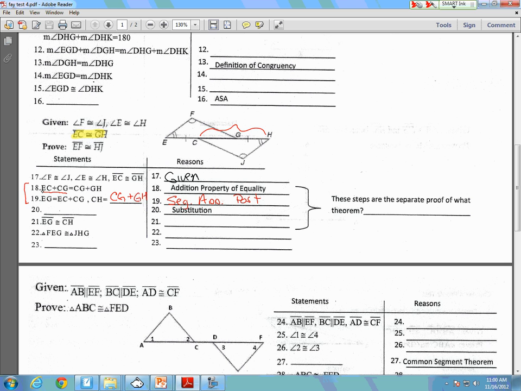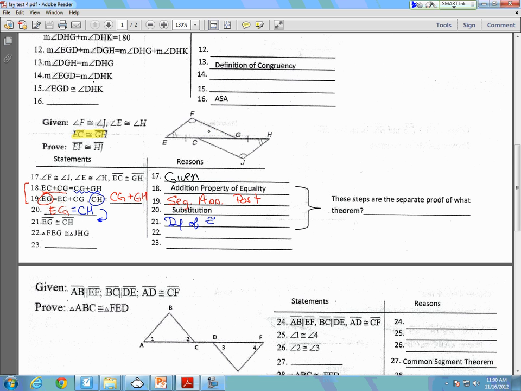Another name for EC plus CG, right here, is EG now. So I write EG, and then rewriting CG plus GH. Well, CG plus GH, that's this right here. It's also the same thing as CH. So I'm going to write EG is equal to CH. And then going from step 20 to 21, all we do is change from distances to segment congruency. So that reason is definition of congruency.